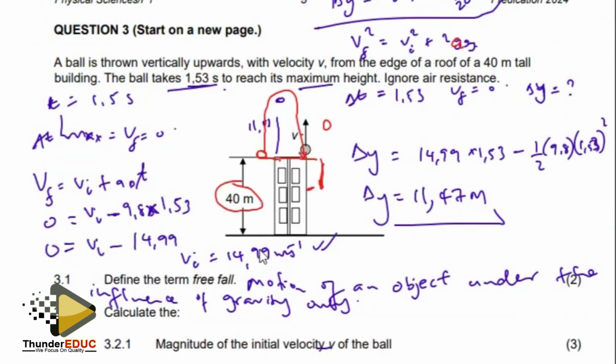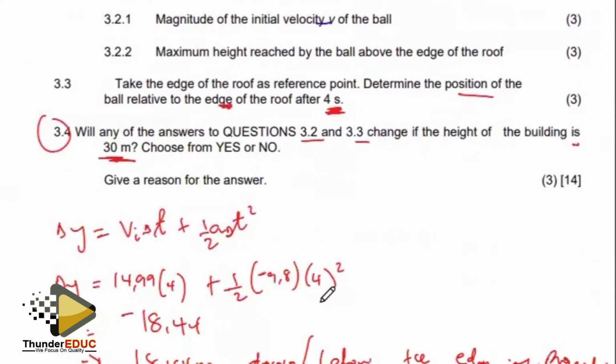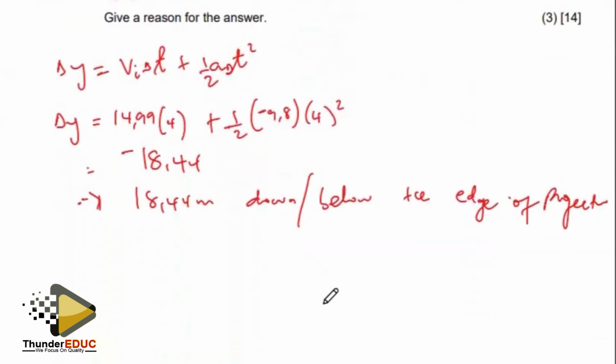The fact that this 40 is not in any of our calculations means it does not have an effect on the maximum height the ball reaches, so there's not going to be a change. Remember, we are ignoring air resistance. If air resistance was there, then we would say yes, it might change. But since air resistance is excluded, our answer is a big no.